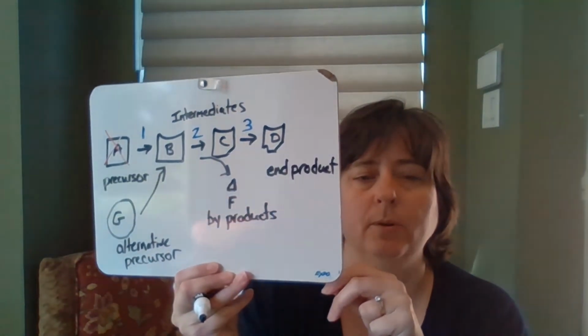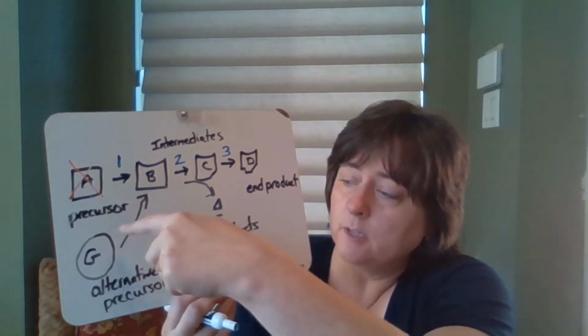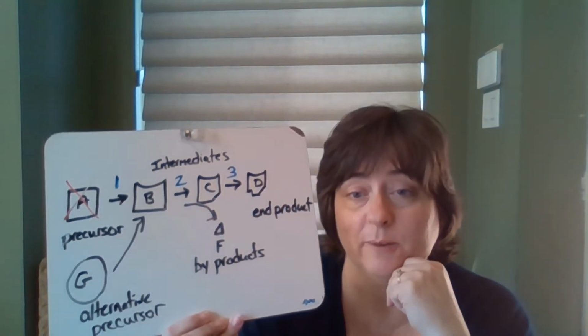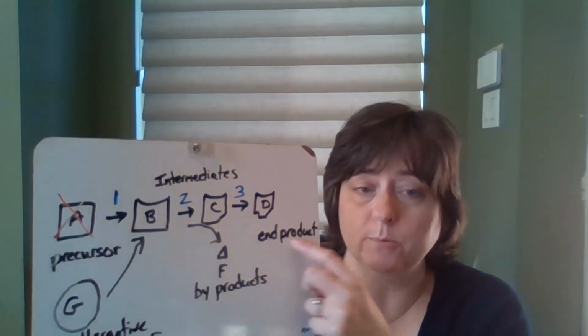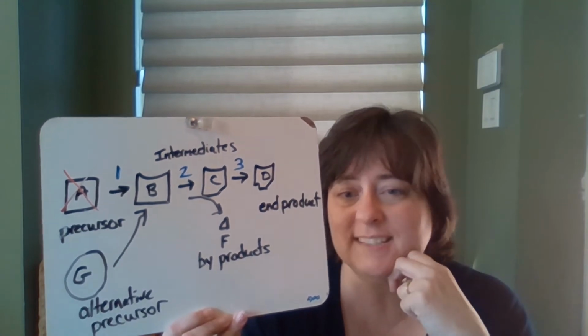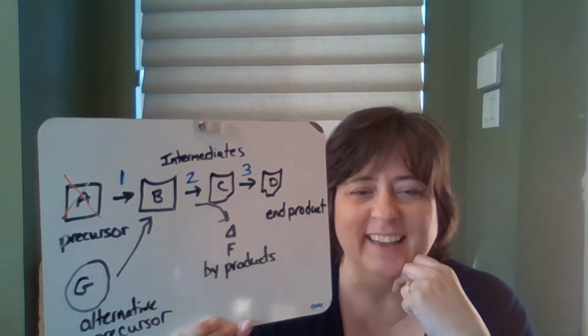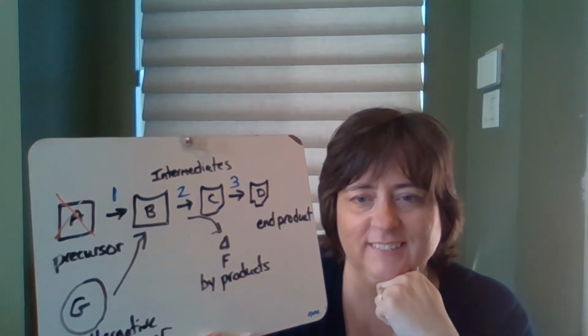We get to live. So G is an example of an alternative precursor that leads into our metabolic pathway and keeps us alive, keeps us producing end products. So you'll see that as we go through and talk about metabolism. Okay, hey, how does G get to B?